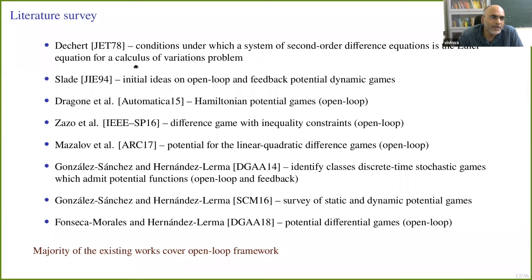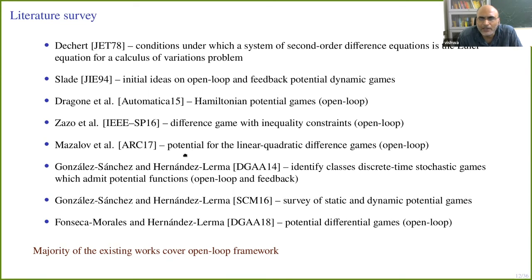And the work of Slade has initial ideas on open loop and feedback potential dynamic games. Dragon et al. look at Hamiltonian potential games, which are formulated in open loop framework. Zazo et al. study difference games with inequality constraints, again in open loop framework.